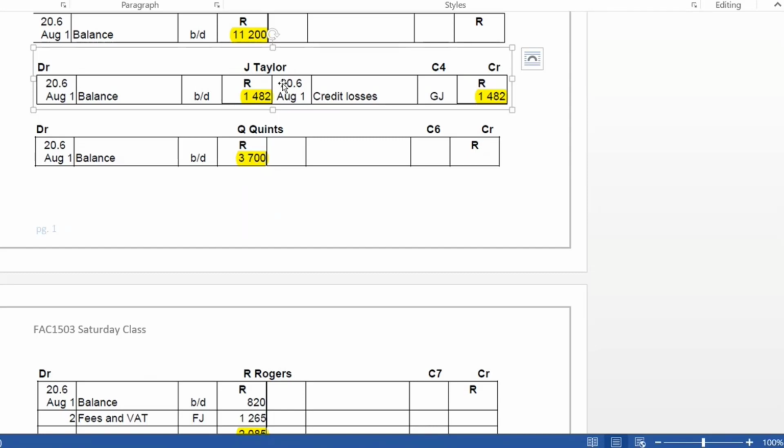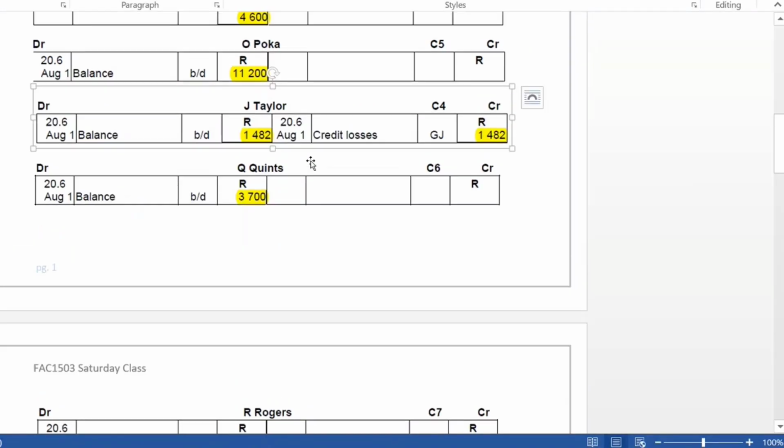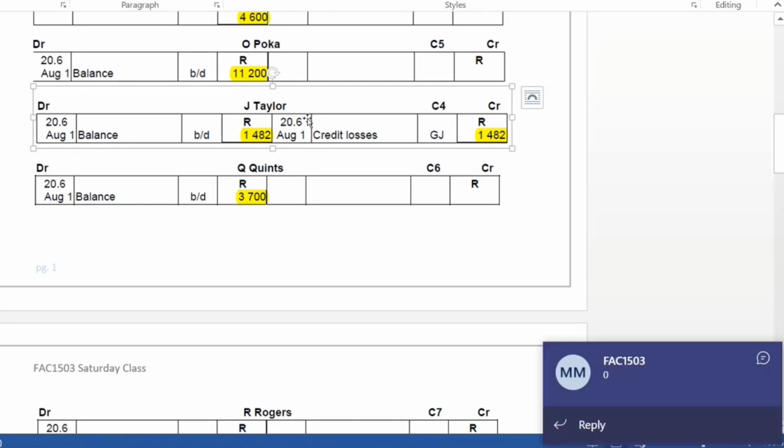Is the answer nil or 1482 for J Taylor? Myla is saying nil. Bali is saying nil.